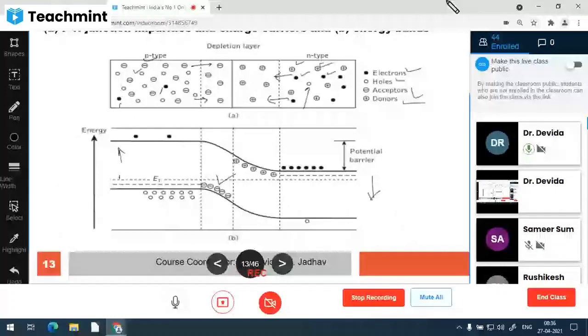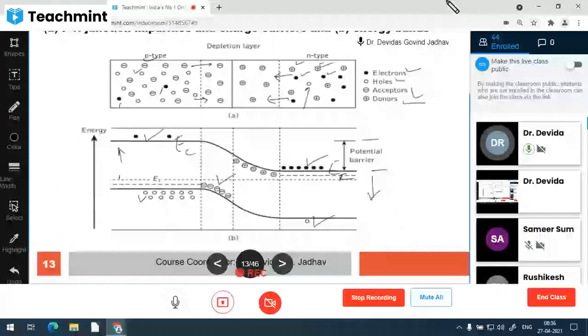Holes always have the valence energy state in both p-type and n-type, and free electrons always have the conduction energy state in both p and n type. Now the conduction energy state of p-type and the conduction energy level of n-type have a difference, and that is called the potential barrier.